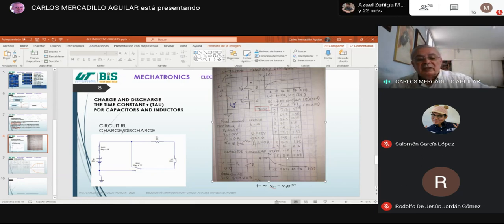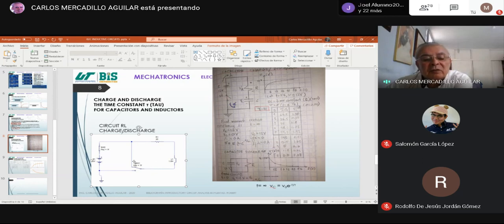Well, that's for the capacitor. For the inductor, I have set up this circuit, which I want you to make for me as a project for next Monday and add to your qualification.